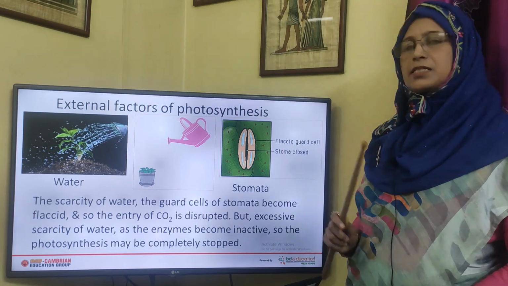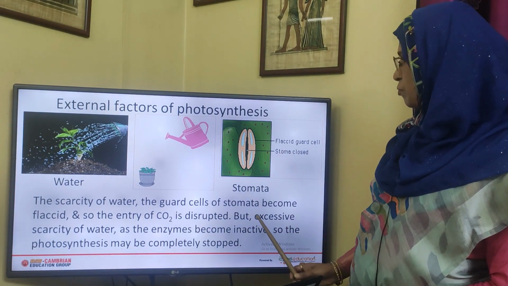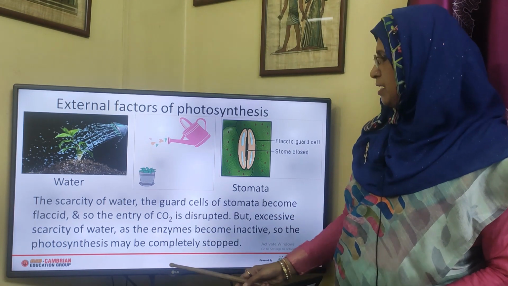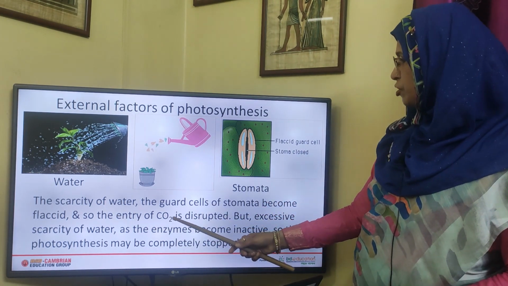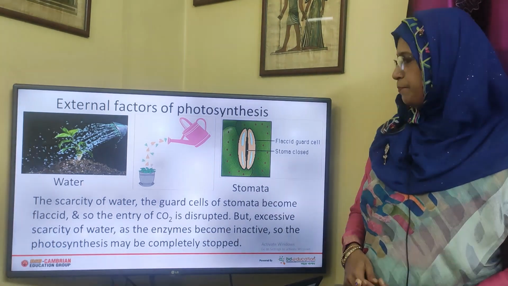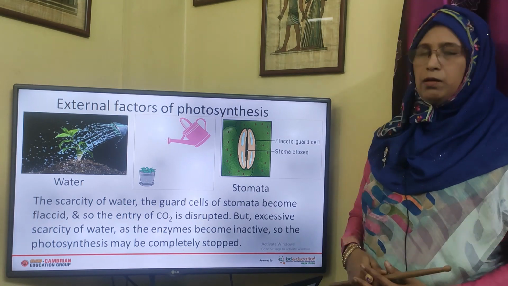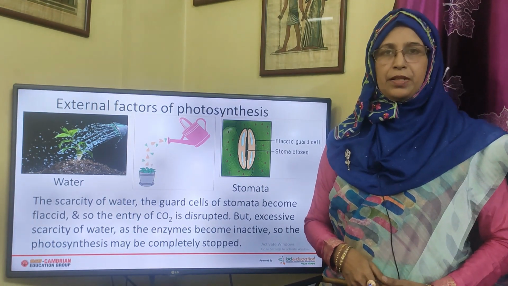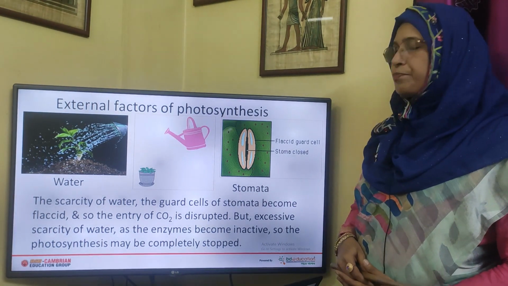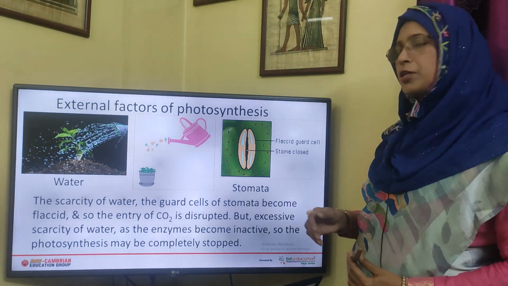There is a hole-like structure. This is known as stomata. So with scarcity of water, the stomata become flaccid, and so the entry of carbon dioxide is disrupted, and with excessive scarcity of water, the enzymes also become inactive, and that's why photosynthesis also stops.